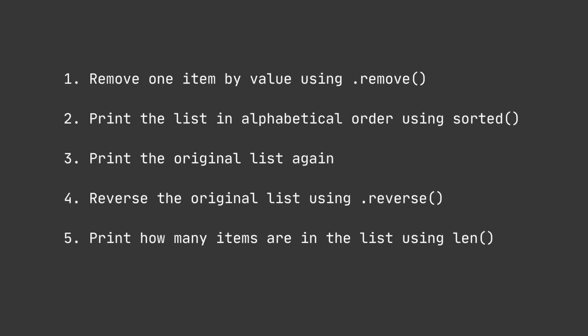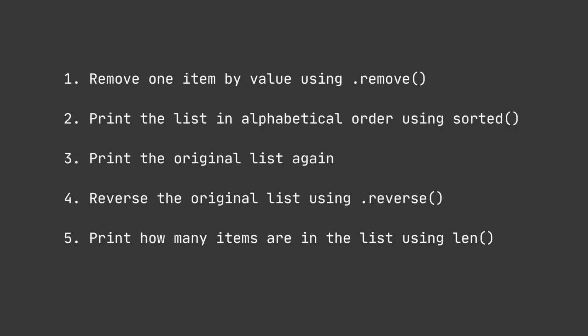Before we finish, here is a short practice for you. Create your own list with 4 items. You can use foods, cars, games, countries, or anything else you like. And your task is to do these 5 things. First, remove one item by value using the remove method.